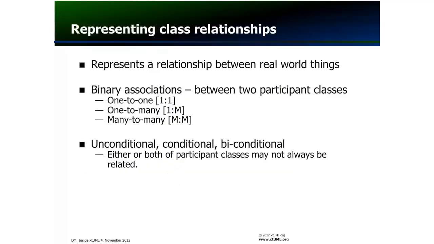Also, these relationships are always between two participating classes and are bidirectional. To describe the number of instances at each end of the relationship, the multiplicity and conditionality of the association are used.